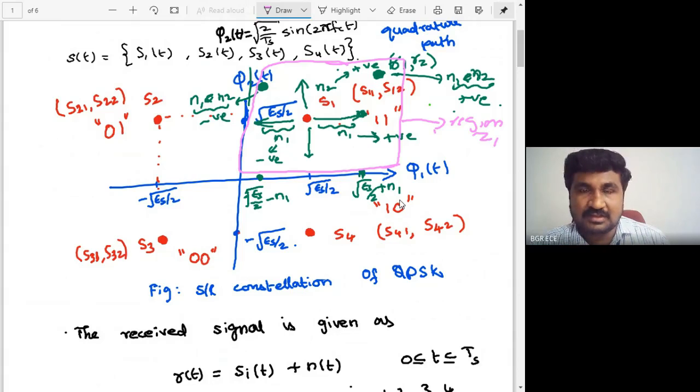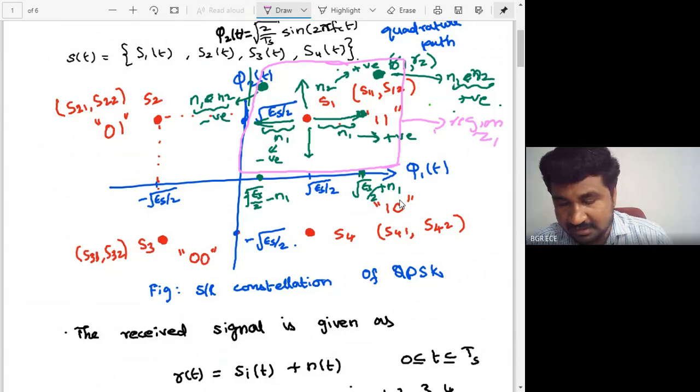If, due to the presence of additive white Gaussian noise, the message point S1 moves to either the second quadrant or the fourth quadrant, then the decision device will check the region. If the region is Z2 or Z4, it will make a wrong decision.